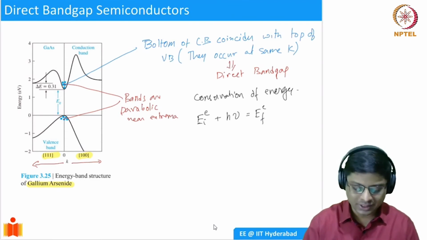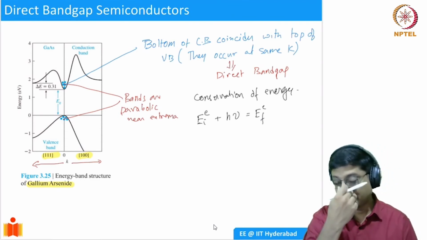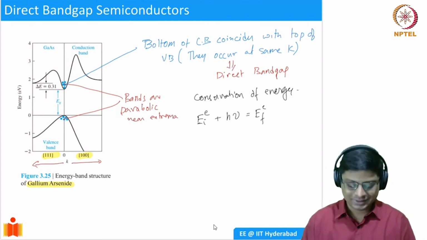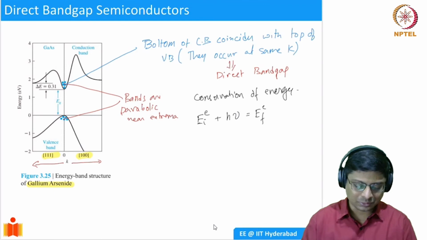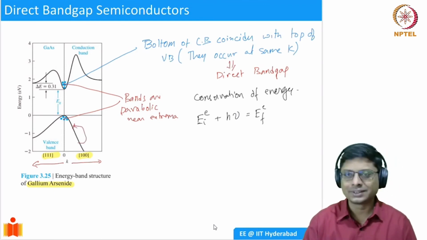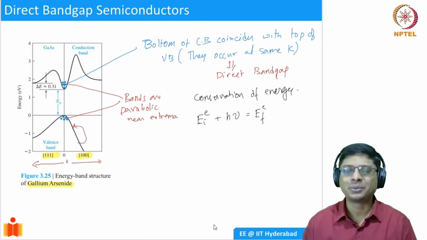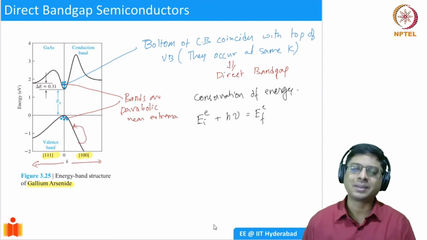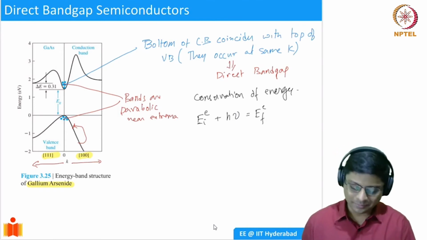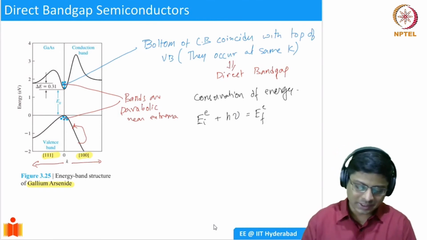The top energy has to be in the conduction band. You might ask, why not an electron go from this point to this point? That becomes more complicated. It does happen in certain situations, but let us not worry about it right now. So this is the energy conservation. You can write it like this, simple.